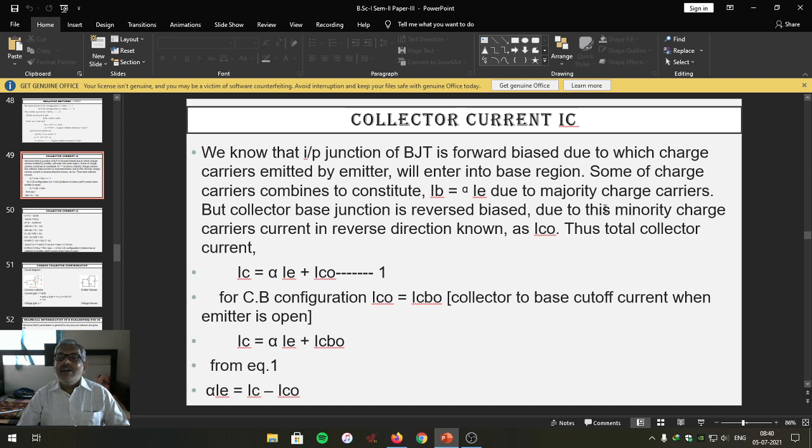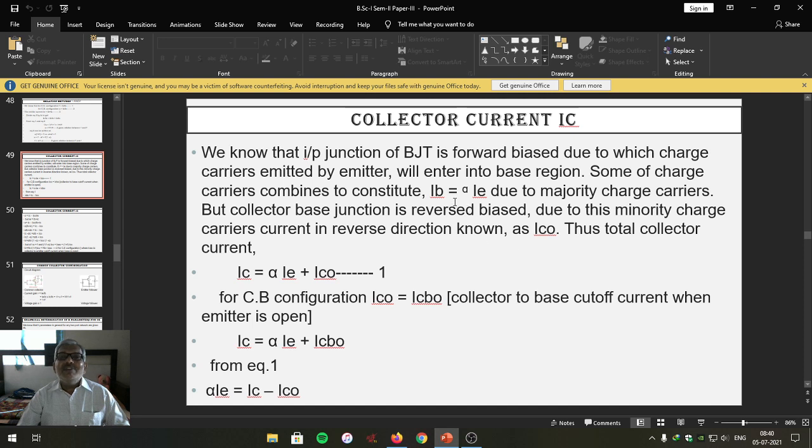It is denoted by ICO. Thus we can say total collector current is equal to the current contributed by the base current and the remaining current due to the minority charge carriers.